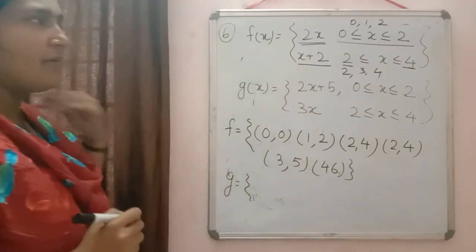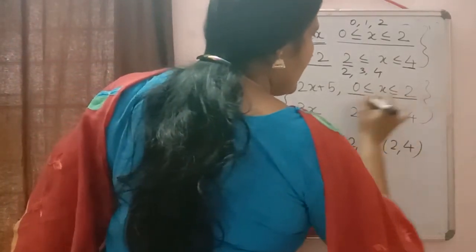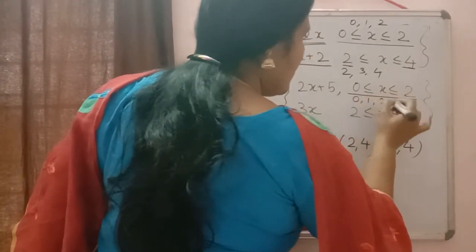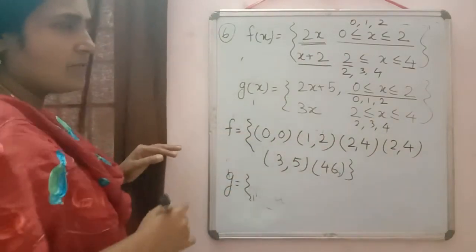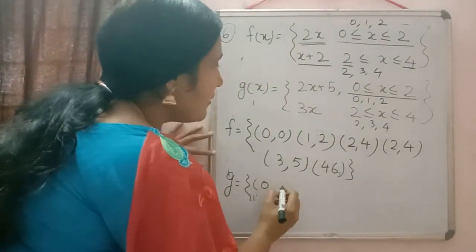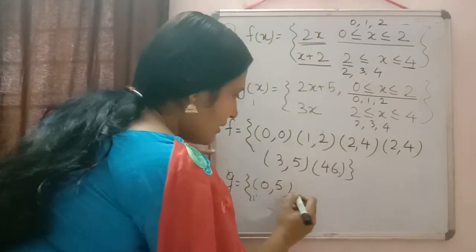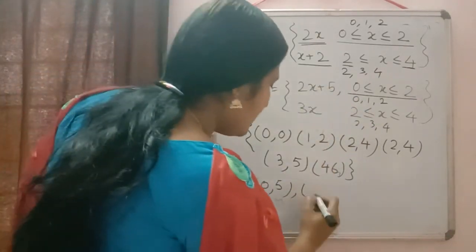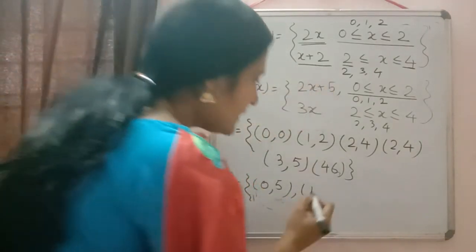Now in the same way we will write for g also. So here again it will take the values 0, 1 and 2, and here 2, 3, 4. Substitute x is equal to 0. What will be the value of g of x? 5. Correct? 0 comma 5. Then when x is equal to 1, 2 into 1, 2, 2 plus 5, 7.